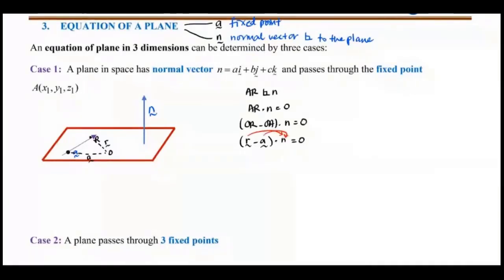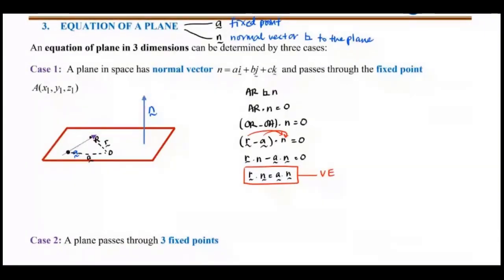So we're gonna have R dot N minus A dot N. So I bring the minus A dot N to the right hand side. So literally we have R dot N equal to A dot N. So this is your vector equation of plane. Okay, R dot N equal to A dot N.